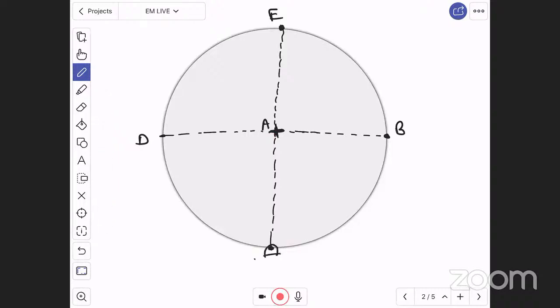Therefore I am fixing this C. Here C is my instant center and the wheel is rotating clockwise with angular velocity about C. This is my assumption, this is not the reality.